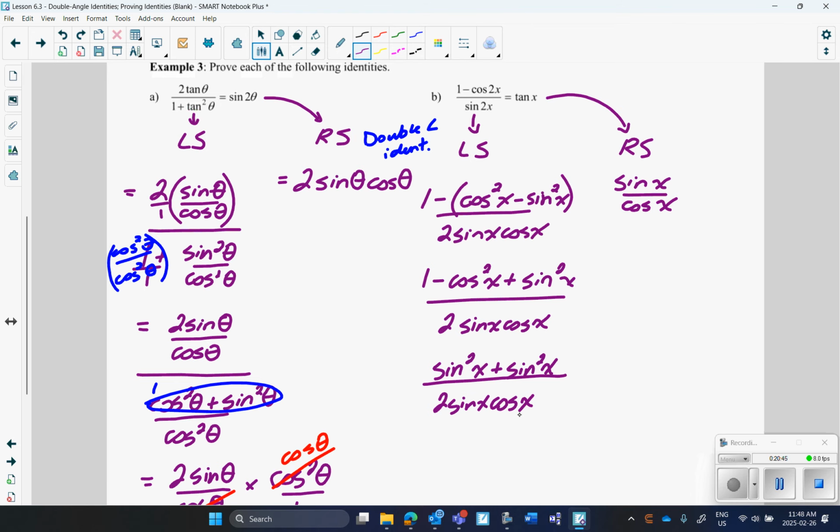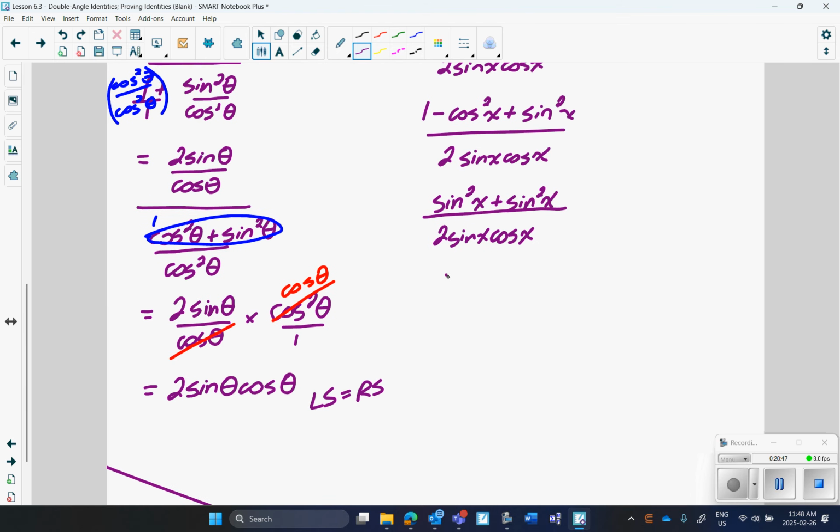So up top, it becomes 2 sine squared x. And now I can do some canceling. I can cancel 2's. 2 divided by 2 is 1. So take those. I can take out a sine of each one. And I'm left with sine x over cos x. Nice.